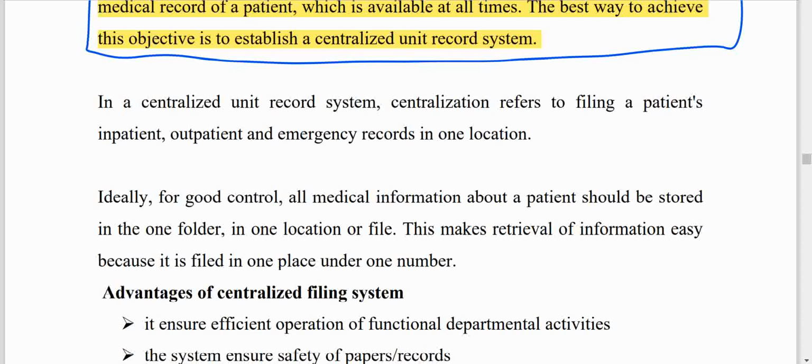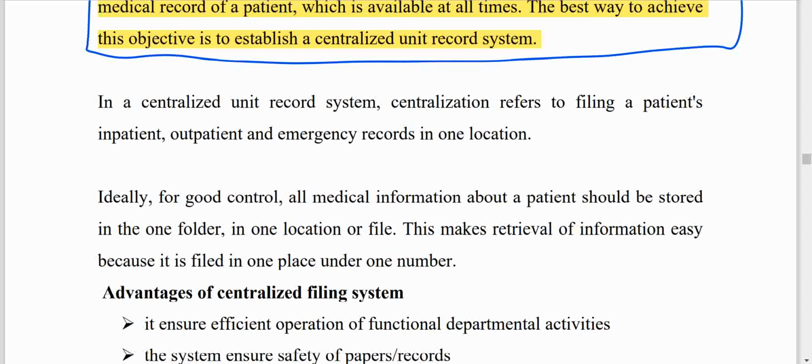Then you must give them one number, even if they were generated from various departments. So it will help you a lot to ensure that the information is always available, and retrieving it becomes simple even for a person who has no formal knowledge in carrying out the activity.